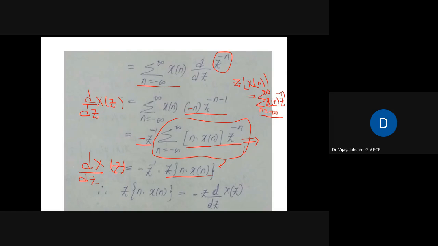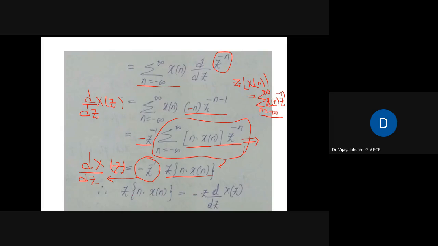So this term becomes minus z into d by dz of X of z, and on the right hand side what I have is Z transform of n into x of n.